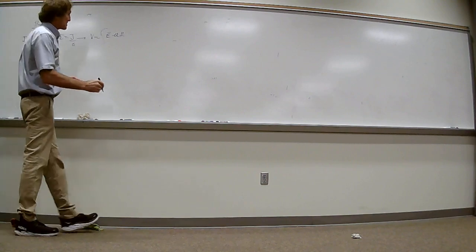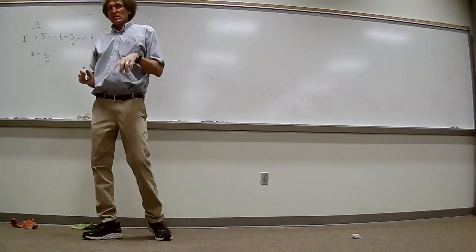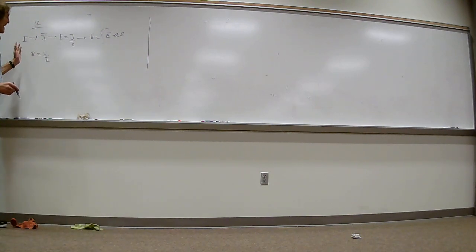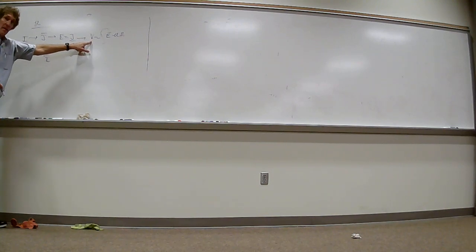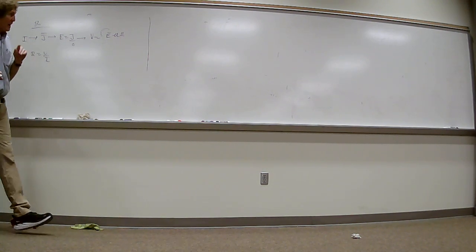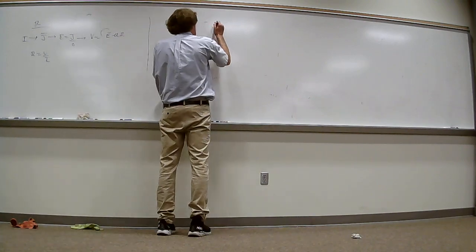For capacitance, it's very similar. I want to add one other thing too. Usually, the actual progression this way is the best, but you can also assume V, then get E, then get J, and then get I. That's another thing. Usually, it's easier to do it this way. Now, with capacitance, we talk about capacitance.